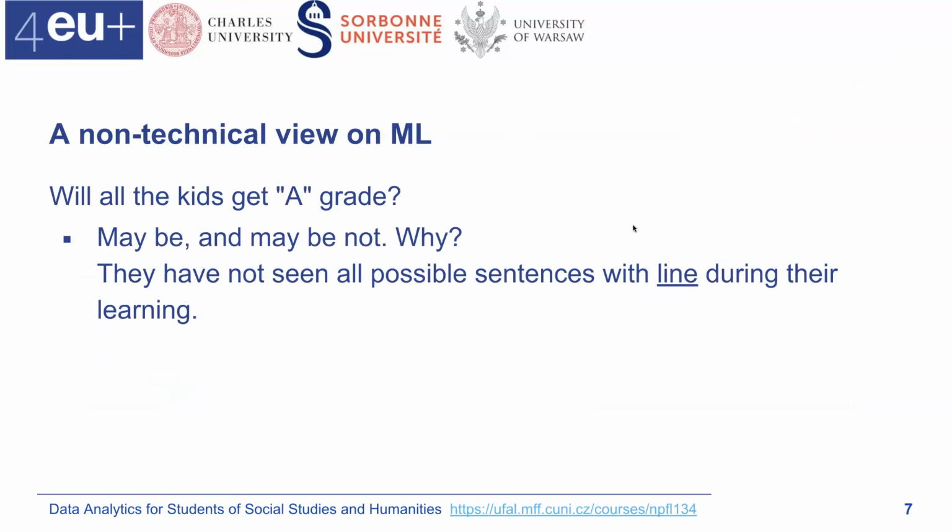Maybe they missed some sentences in the dictionary, or they can see sentences with the word line in the test that they haven't seen while training, and even more, they can see test sentences with a sense of the word line that, let's say, they haven't met in the dictionary.